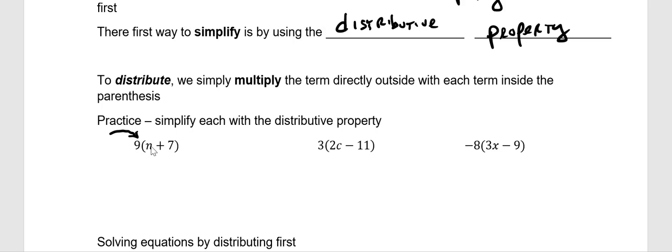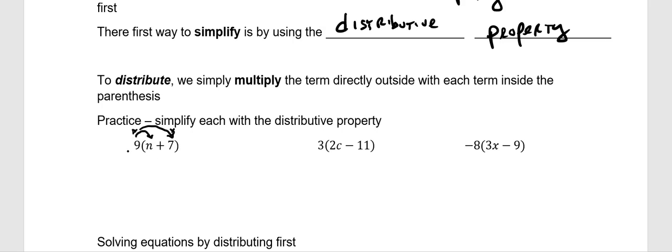So we take this term directly outside, and we essentially go once with multiplying, and we go a second time with multiplying, and the parentheses are going to disappear. And that's going to get us to an expression that has a variable and a constant term in it, which looks awfully familiar to what we see, particularly in a two-step equation.